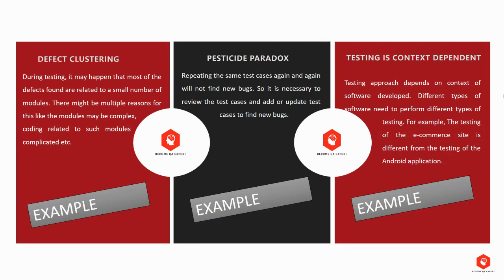Basically, what we're saying here is that the defects are not distributed uniformly across the entire application. If testers look at 100 defects, then it will not be clear if there is any underlying meaning behind those 100 defects.